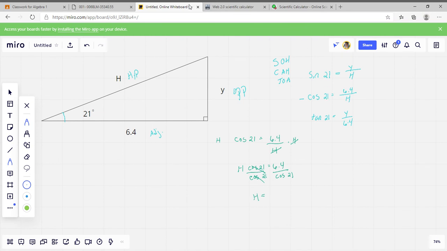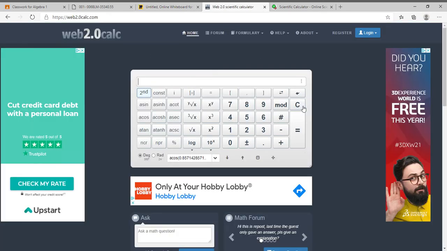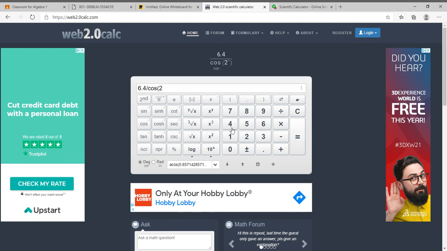So I'm going to go to my calculator and clear that, and I need 6.4 divided by the cosine of 21. And that equals 6.855, so 6.86.